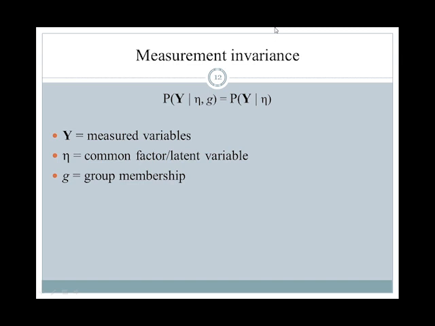This is saying that the probability of obtaining a particular set of observed scores given your latent variable score and your group membership is equal to the probability of obtaining a specific set of observed scores given just your common factor score. In other words, knowing what group you come from does not change your probability, which intuitively makes sense. If 2 people have the same common factor score, you would expect them to have the same probability of getting a particular observed score.